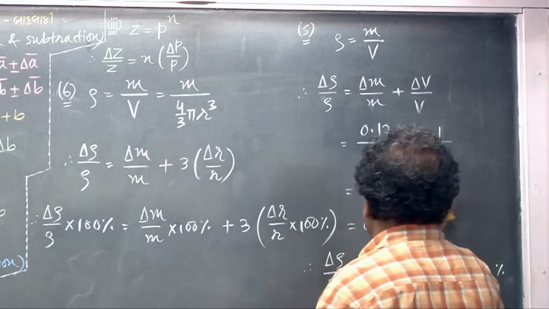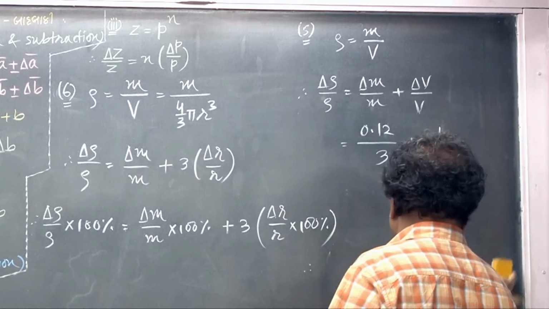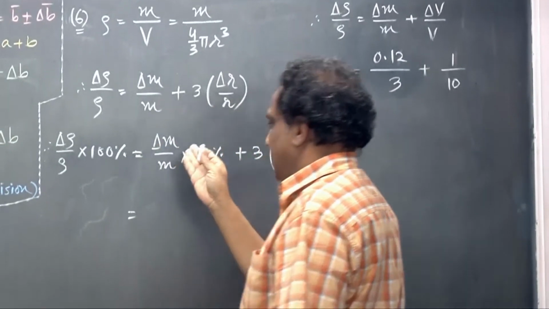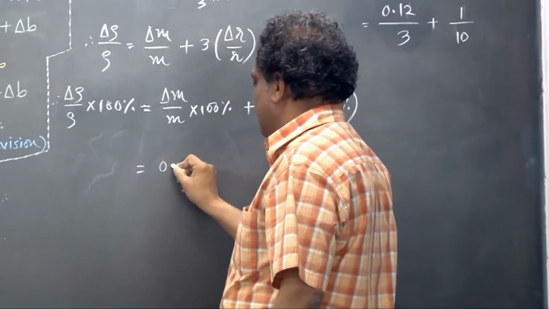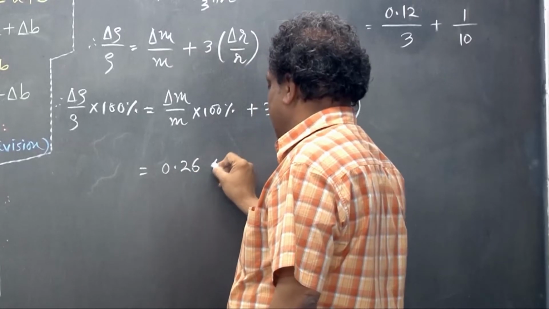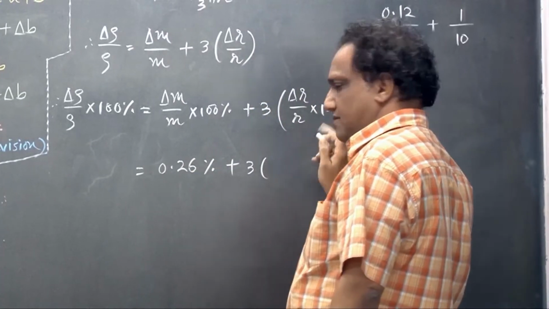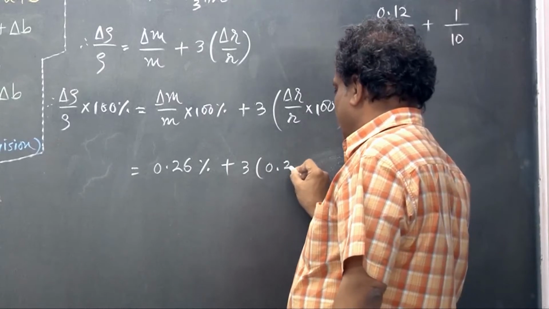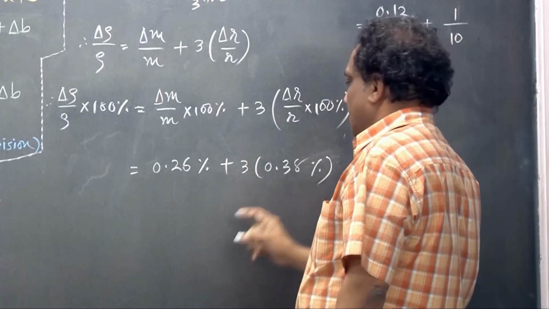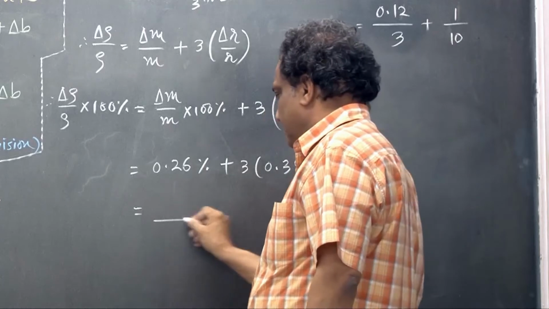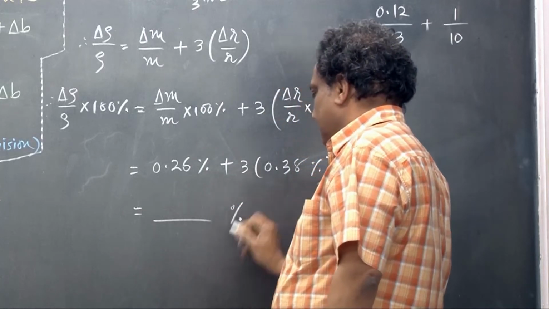Now tell me, what is this? Percentage error in mass. How much is it? 0.26 percentage. Plus 3 into, what is this? 0.38 percentage. This into this plus this, you can find out that many percentage.